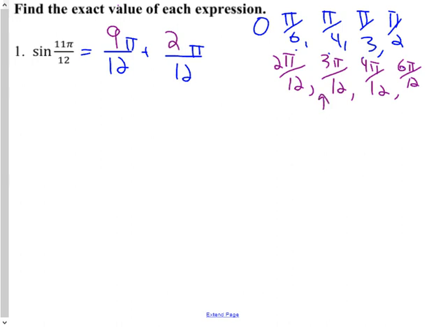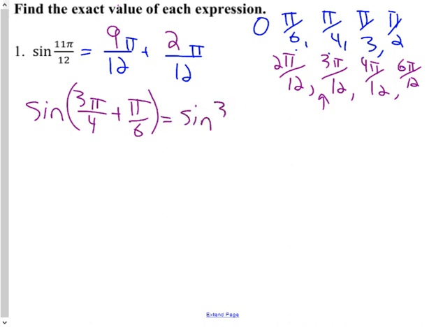We're going to use 3 pi 4, and 2 pi 12 is pi 6. And now we're just doing the formula. So this is sine of u, cosine of v, same sign, it is sine plus cosine of 3 pi 4, sine of pi 6.